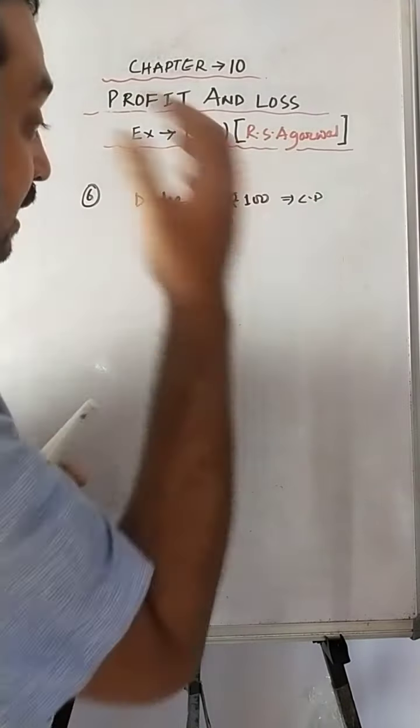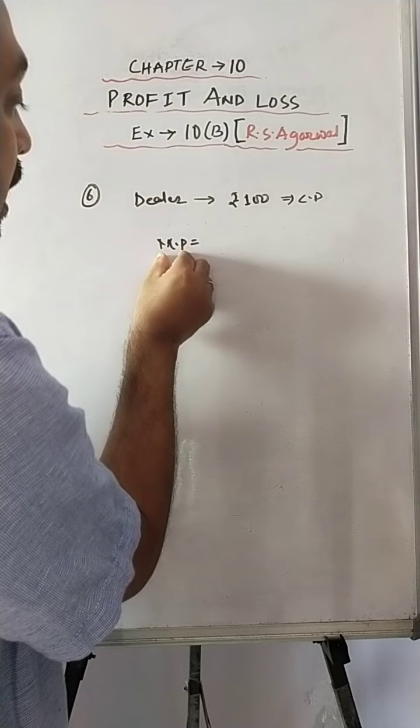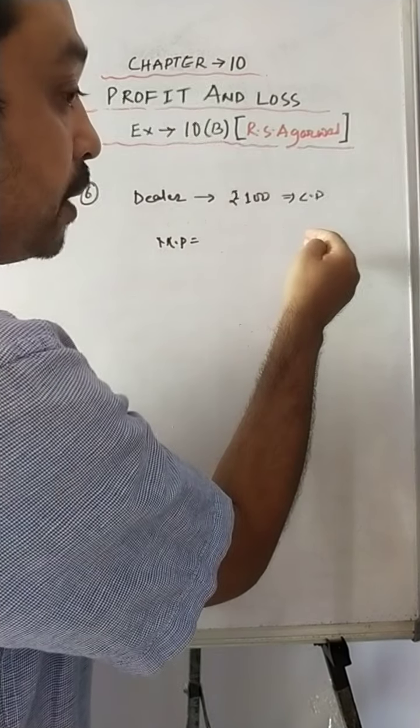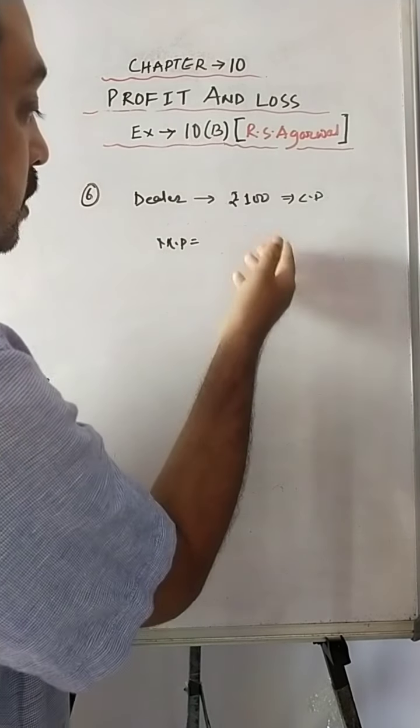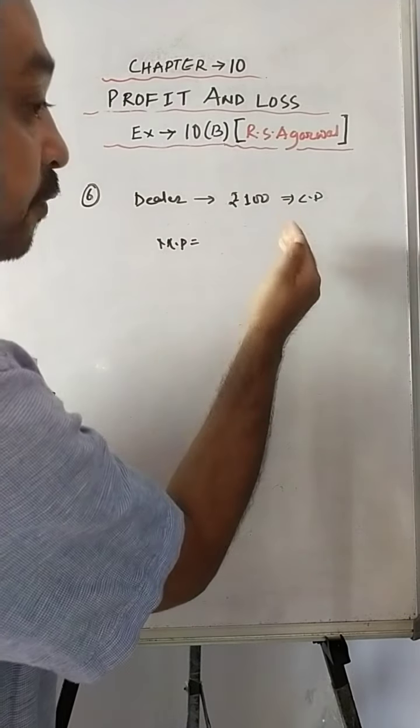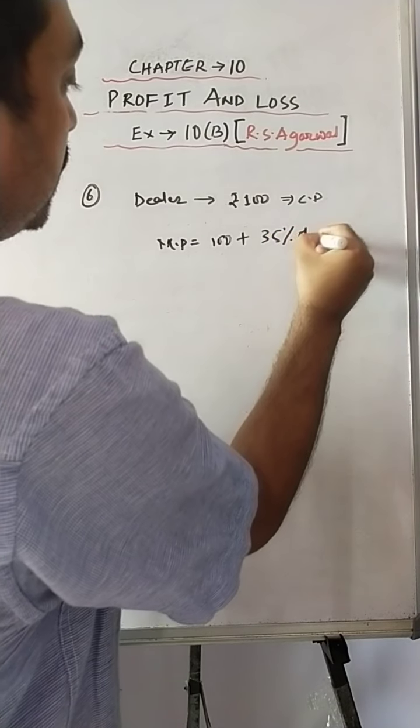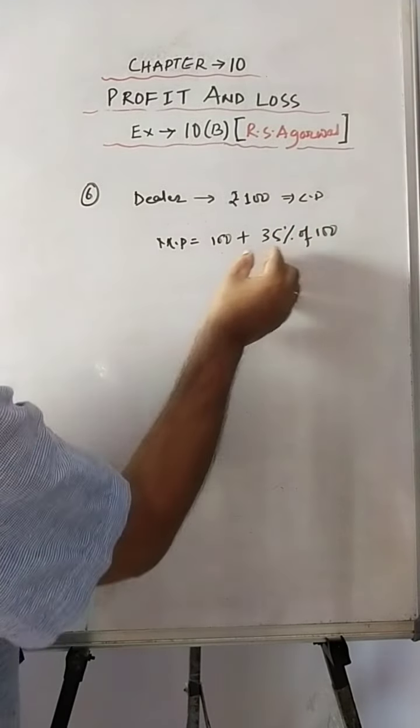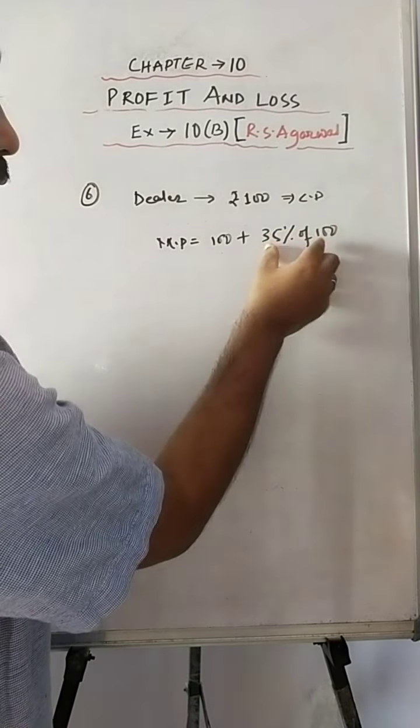It is given that his marking is 35% above the cost price. So how to find that? 100 plus 35% of 100, that is 35% more to the cost price. So the mark price would be 100 plus 35 by 100 into 100.